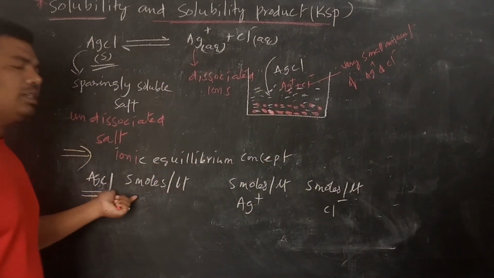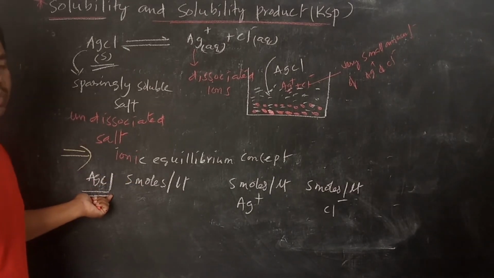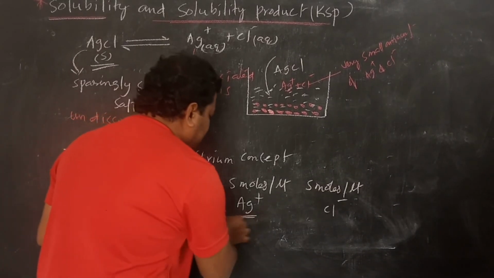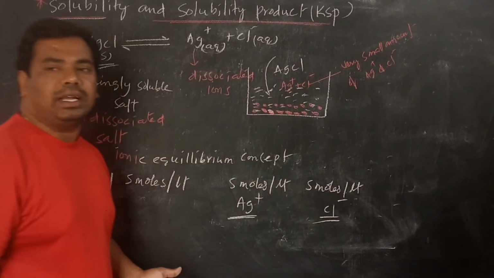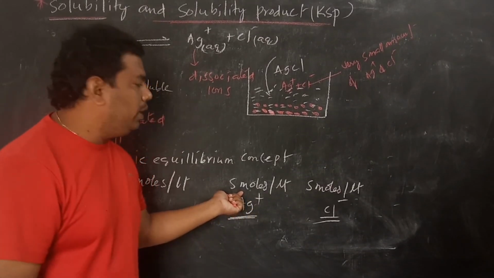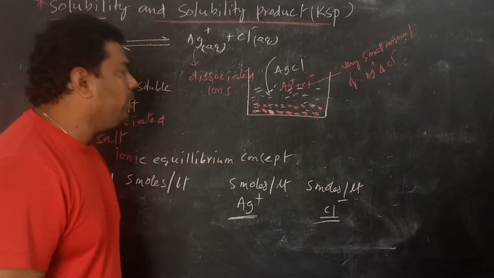So if S moles per liter of AgCl is dissolved in the solution, it dissociates into a small amount of Ag plus and Cl minus ions. So Ag plus is S moles per liter and Cl minus is also S moles per liter.